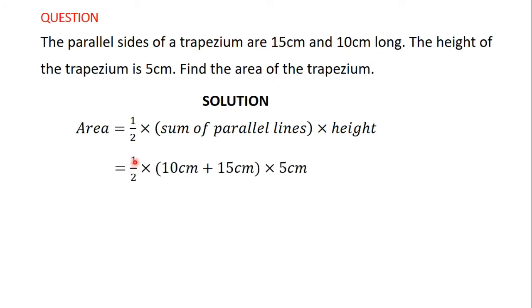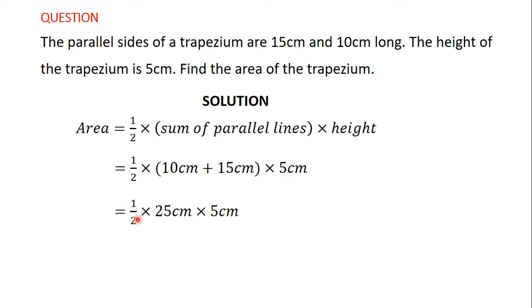So the area is equal to half times the sum of these lengths, since they are the parallel sides, times the height of the trapezium, which is 5 centimeters. Remember, since this is a binomial, you have to put it in a bracket. So it's 10 centimeters plus 15 centimeters in a bracket, then times 5 centimeters.